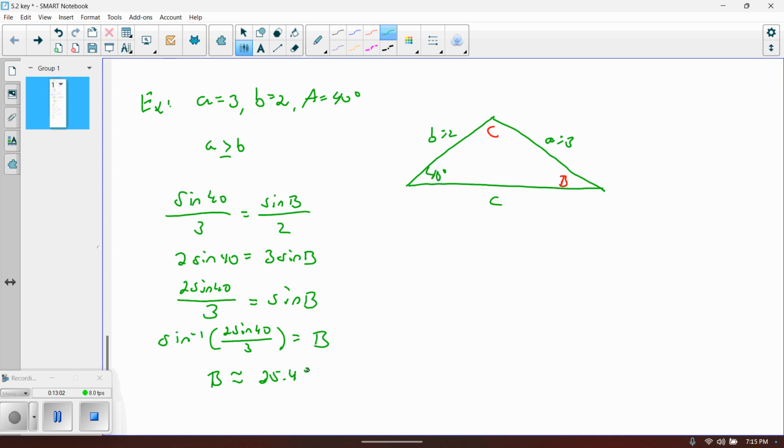So in this case, it has to be this acute angle. You just have to be careful in the fact that you could possibly get an obtuse angle, so you have to check for that. So let's see, so far we have found angle B.